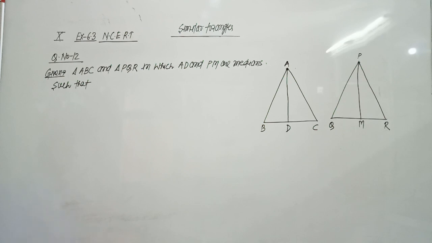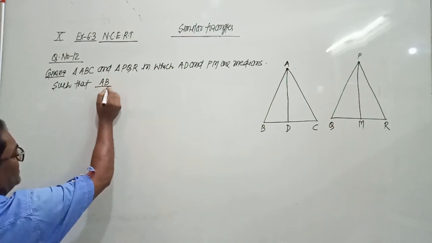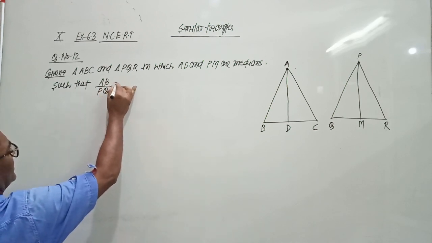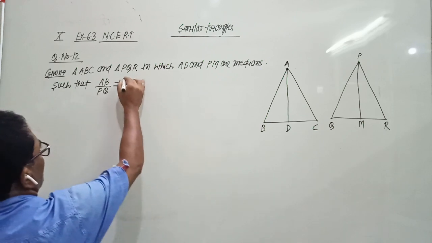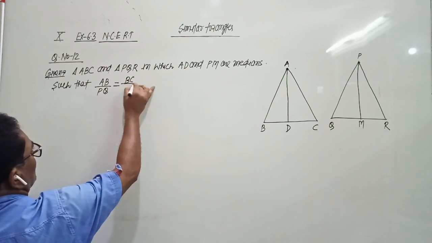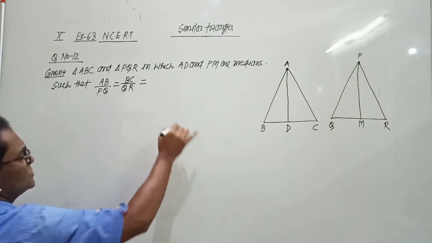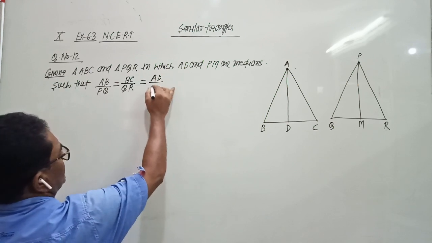It means we have given that AB upon PQ is equal to BC upon QR, equal to AD upon PM.